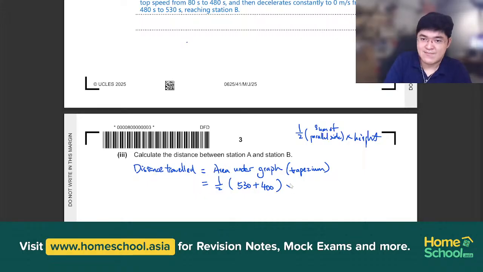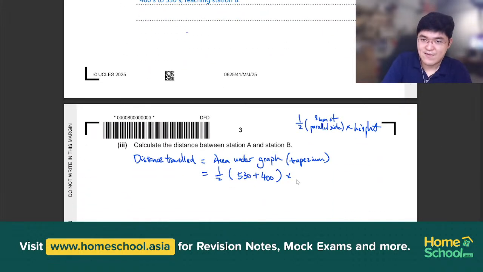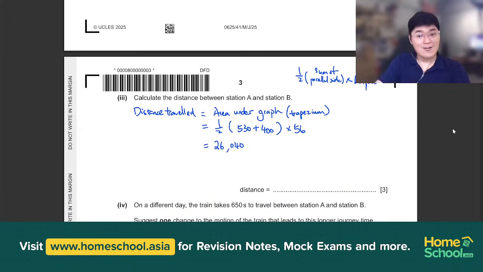And then we multiply it by the height. The height is basically 56 meters per second, 56, right? Okay. And doing the mathematics, we should get 26,040.